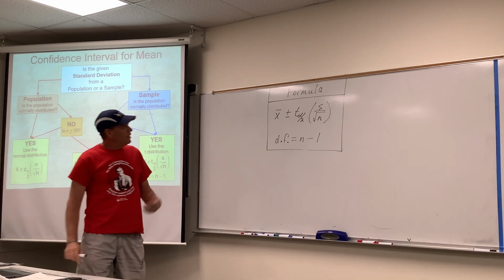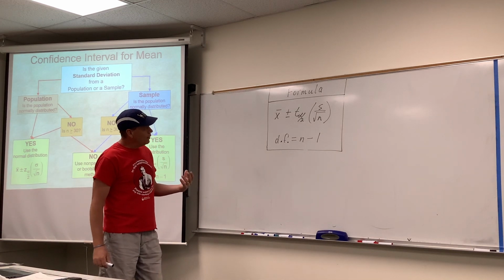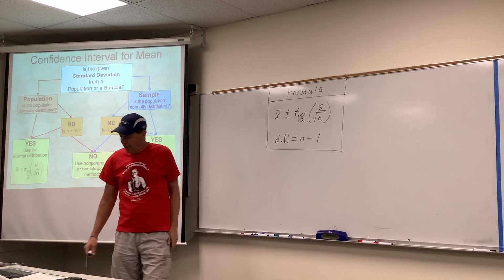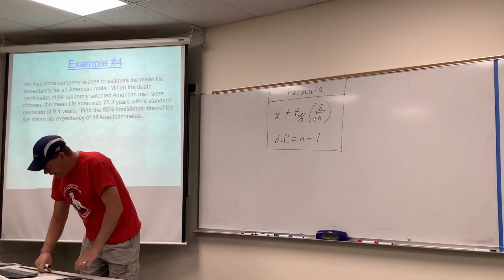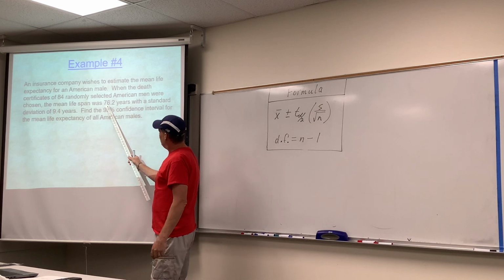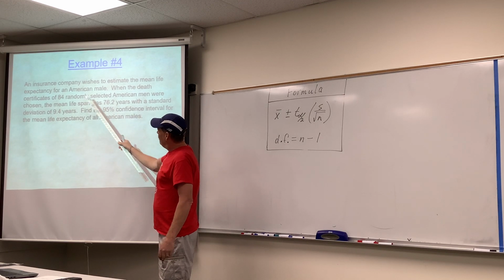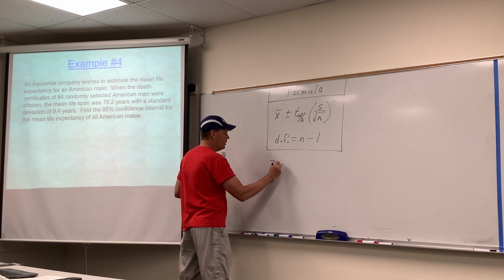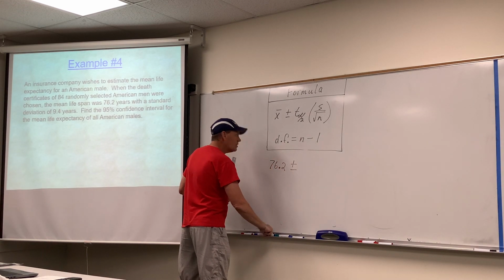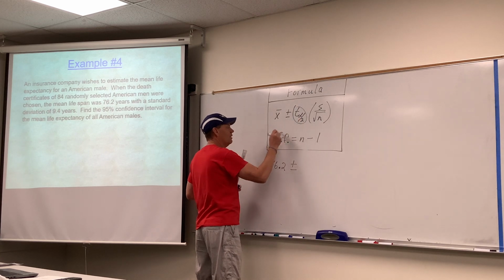Anyway, let's put in the things that I hope we're familiar with. We hopefully know that the symbol X bar represents the mean of a sample, and that would be the 76.2 year average lifespan for those 84 men. That would be the X bar for this question, 76.2. Let's skip this information for now.